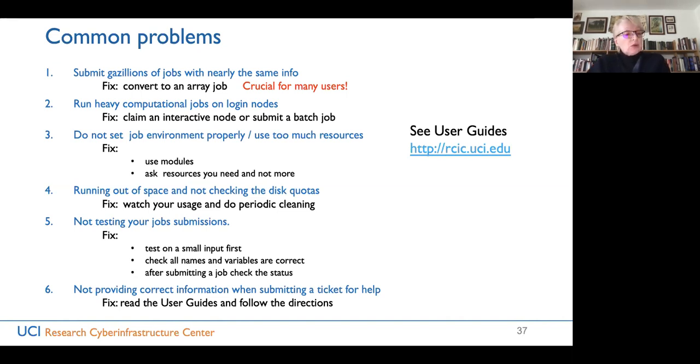Some users don't set the job environment properly and use too many resources, and the fix is to use modules to create a proper application environment and only ask for resources that you need. The example here is, let's say that you want to run some Python program.